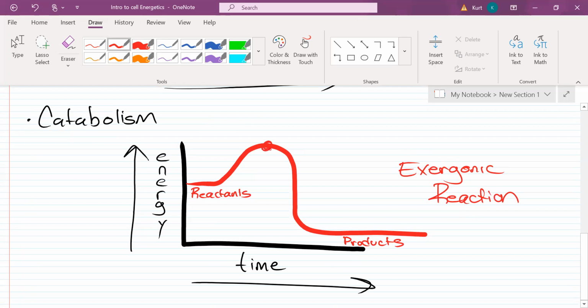And then you still have your activation energy, which, just in case you're ever asked, or you see it, the abbreviation for activation energy is E subscript A, as in energy of activation.